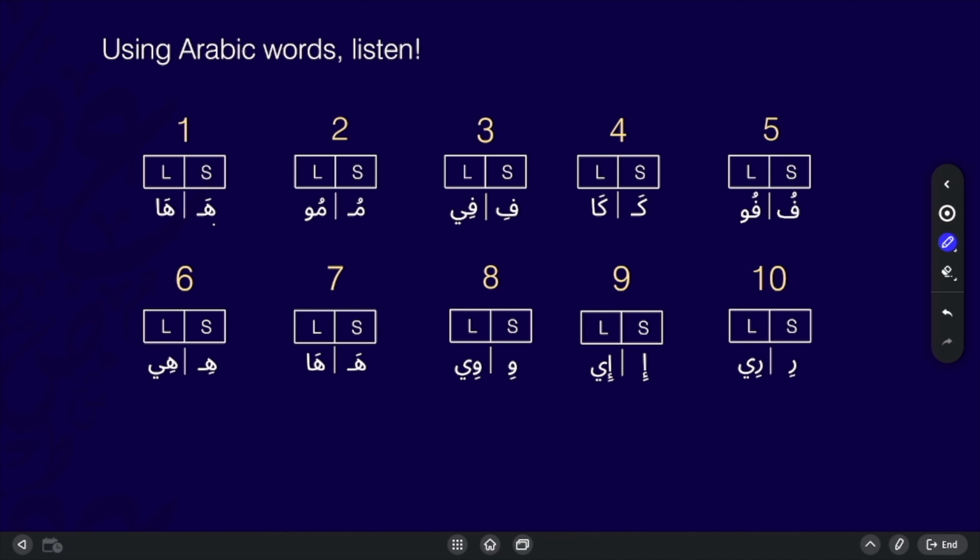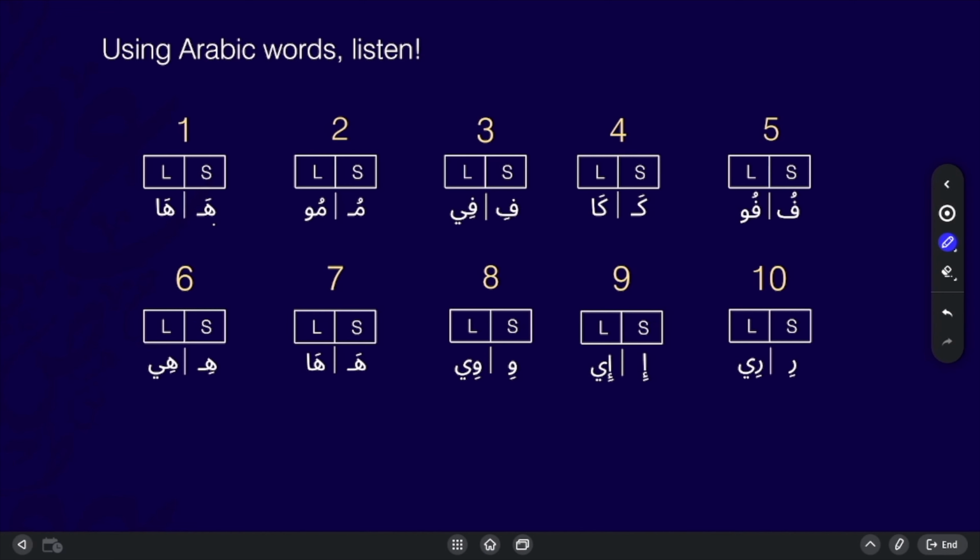7, we're also listening for the sound ha, this time with a fatha, and the word is ham. Is it short or long? 8, we're listening for wa. Wisada. Is it short or long?